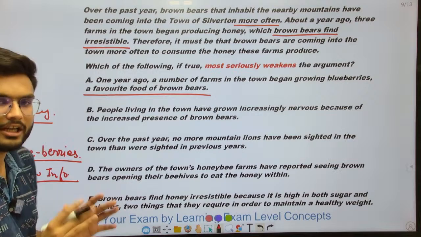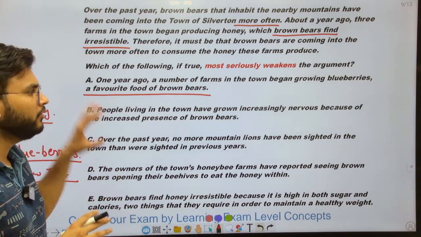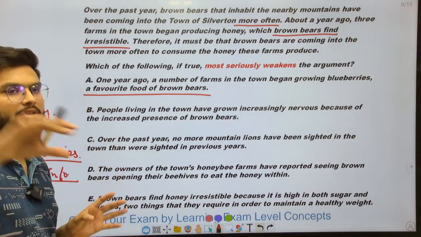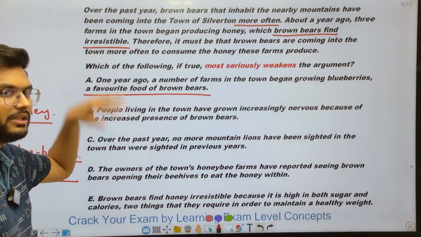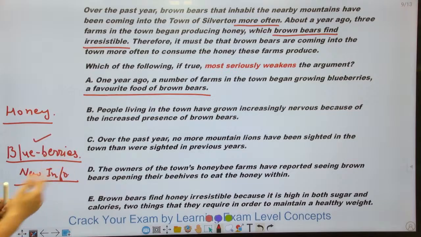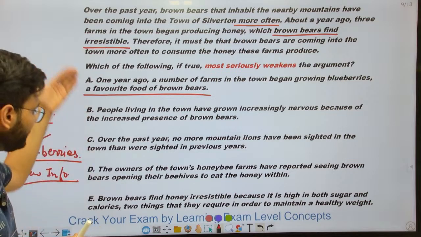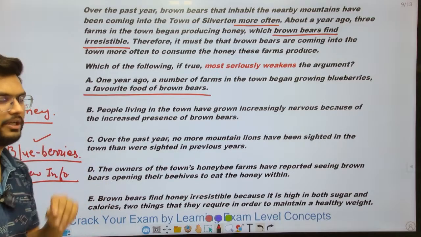It gives me a reason to believe that it might be possible that not because of the honey are these brown bears coming. Means the cause was not the honey. The cause might be the blueberries. So this could work as a weakener. Okay, let's check other options as well, then I can compare. But A weakens the argument.